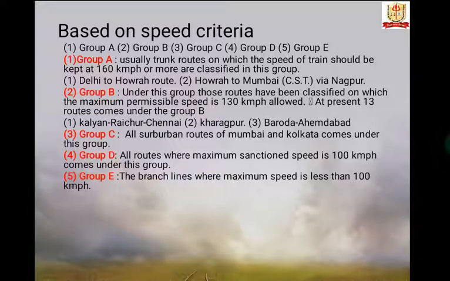Then group D: all other routes where the maximum sanctioned speed is 100 km per hour. Group E: the branch lines where the maximum speed is less than 100 km per hour.